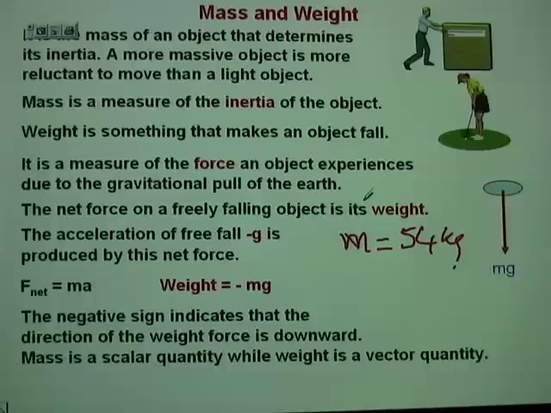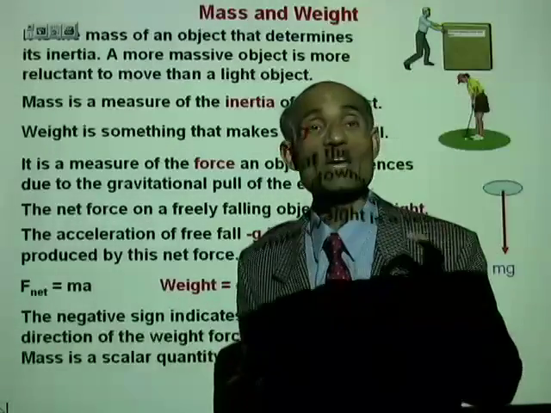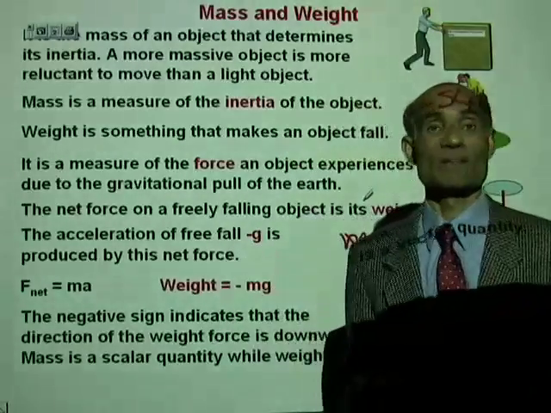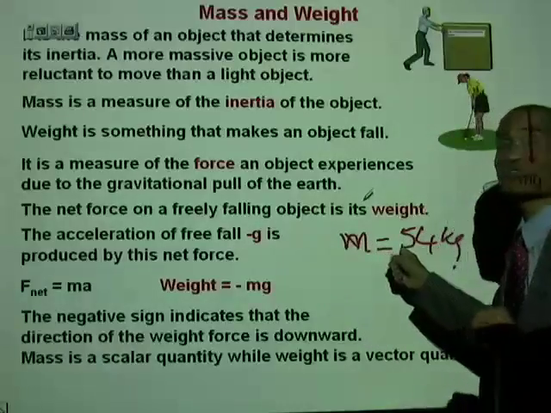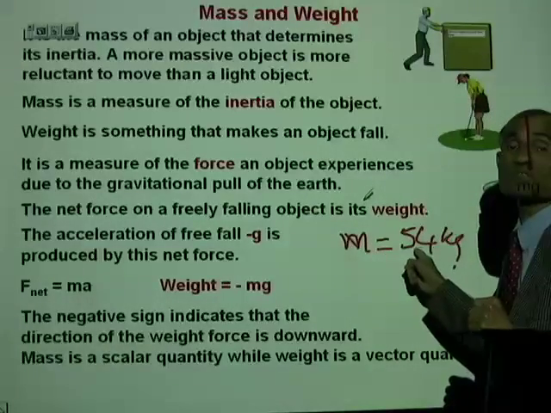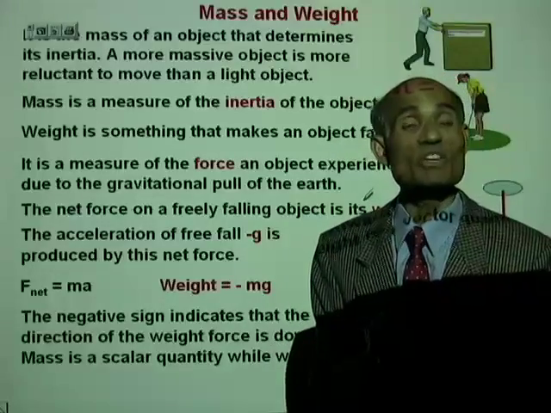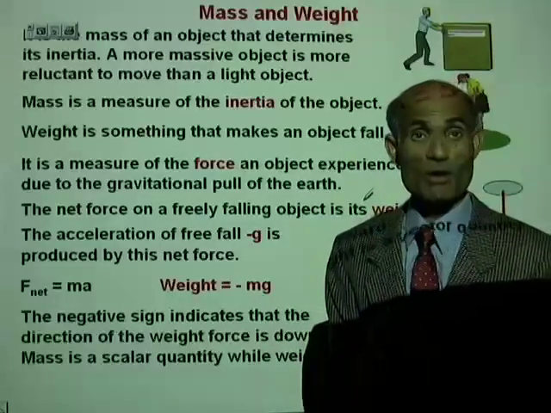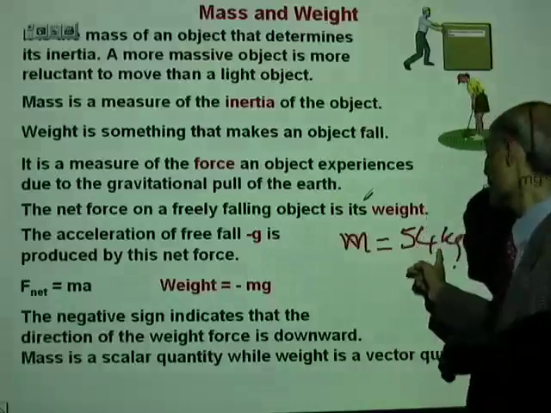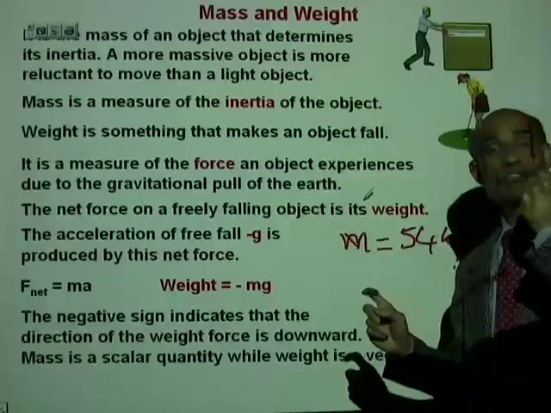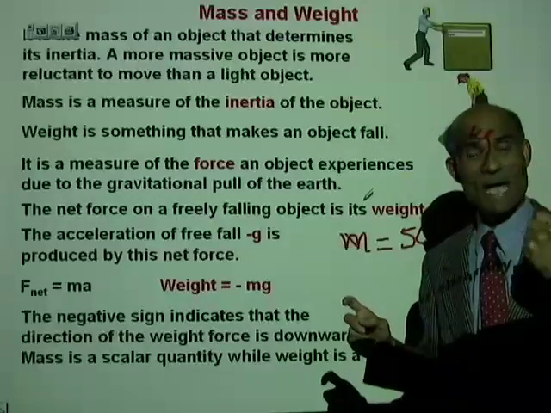Can you tell me what is my weight? Is my weight the same as this? Can I say my weight is 54 kilograms? Well, that is what many people say these days, but that is wrong. 54 kilogram is the unit of mass. That is my mass.